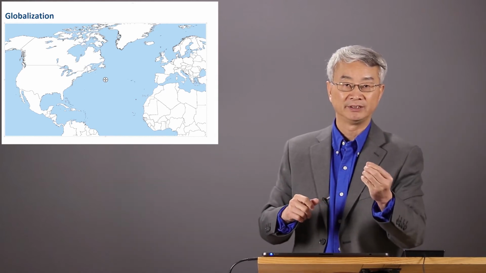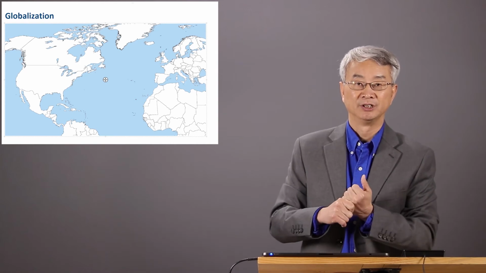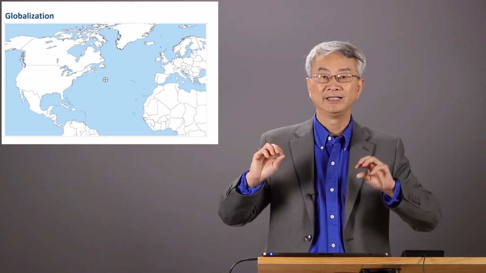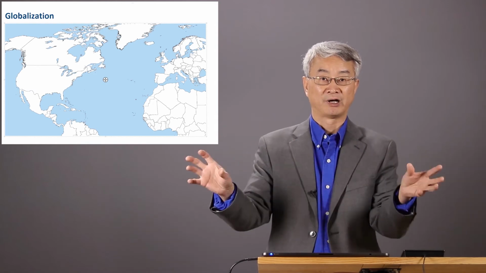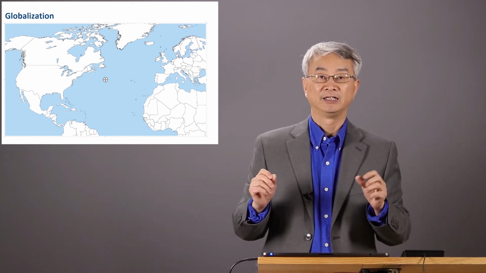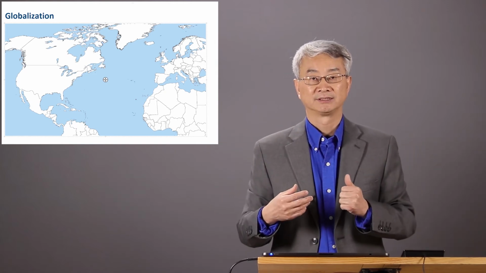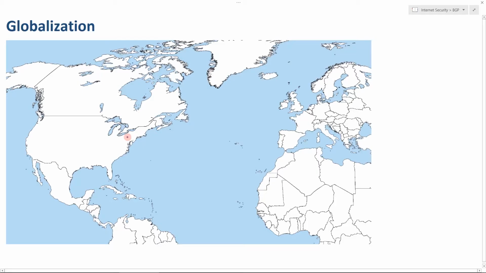One of the applications is called globalization. If you have this network in different locations geographically, and you still want to use the same network prefix. So for example, here we have 128.230.0.0/16.